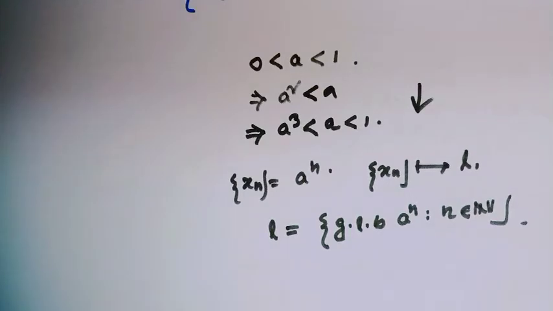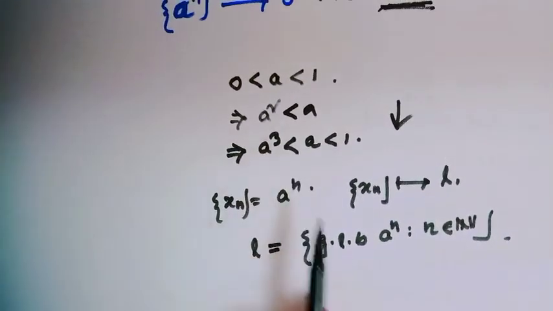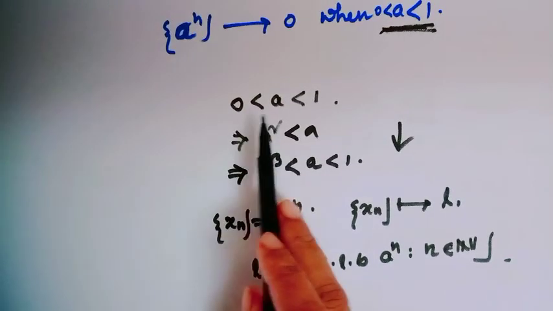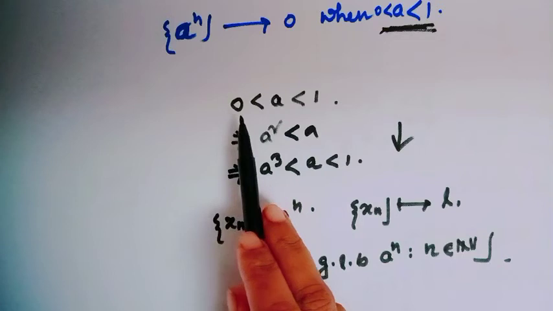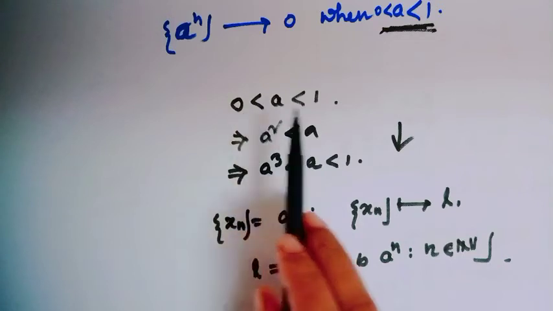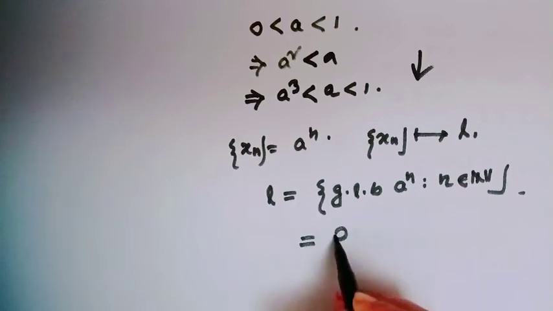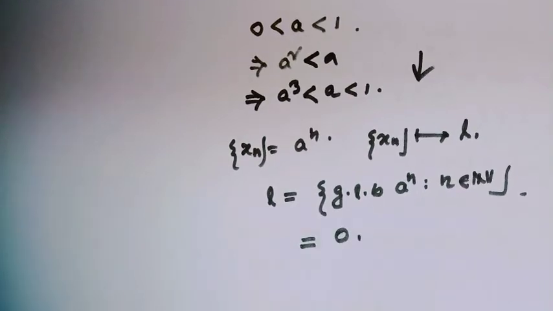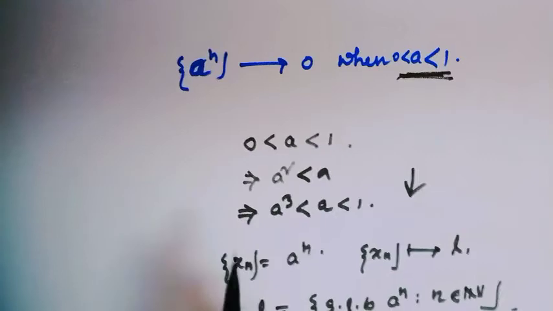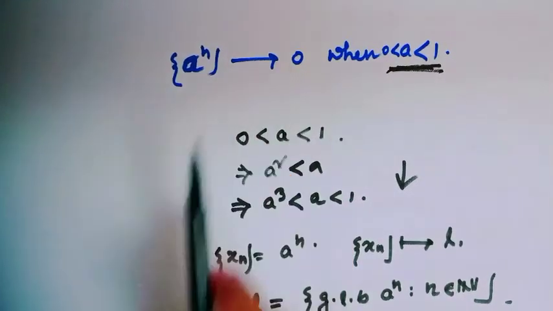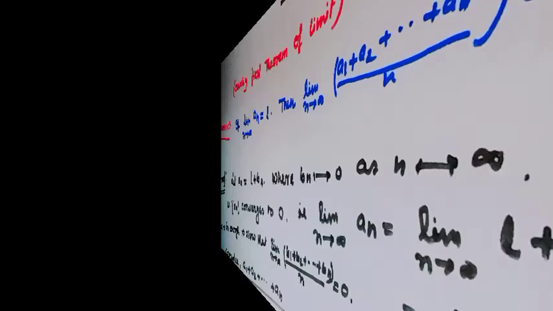Are you getting my point? Okay. And what is the GLB of this sequence? Since a is greater than 0 and less than 1, the GLB would be 0. That means this sequence must converge to 0.